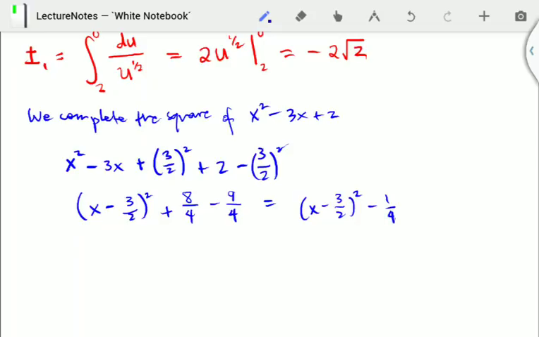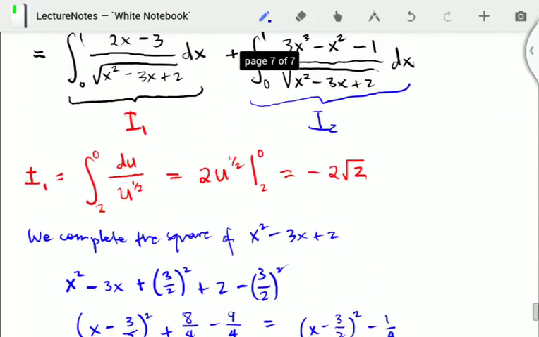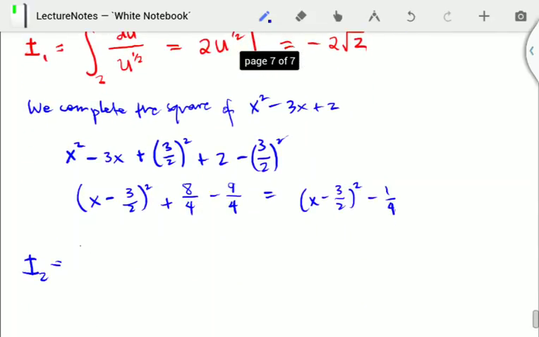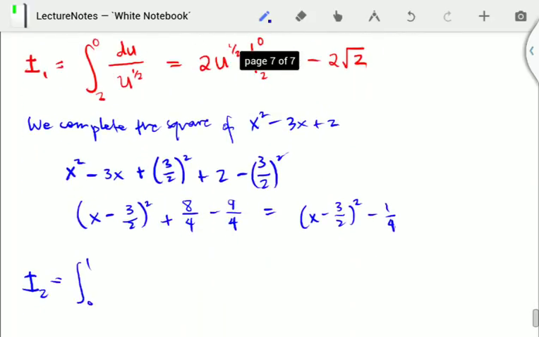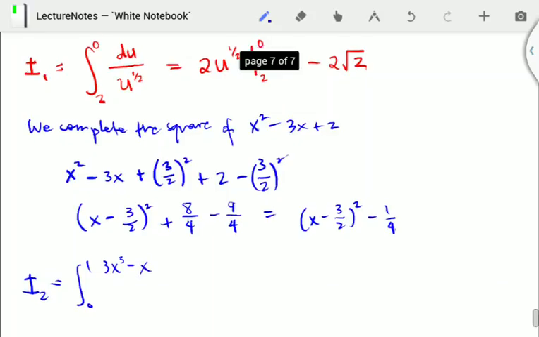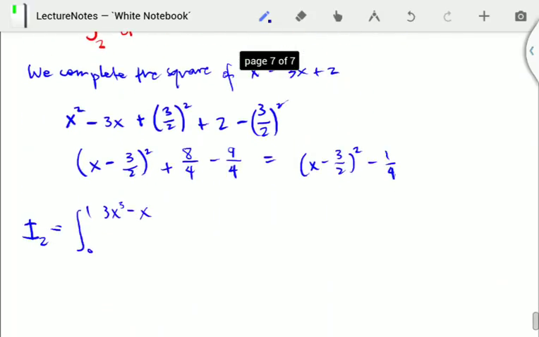Okay? And so what that enabled us to do is to write the original integral from 0 to 1, the second term in the original integral. So you have 3x cubed minus x squared minus 1 over the square root of, so now the denominator is now (x minus 3/2) squared minus 1/4.